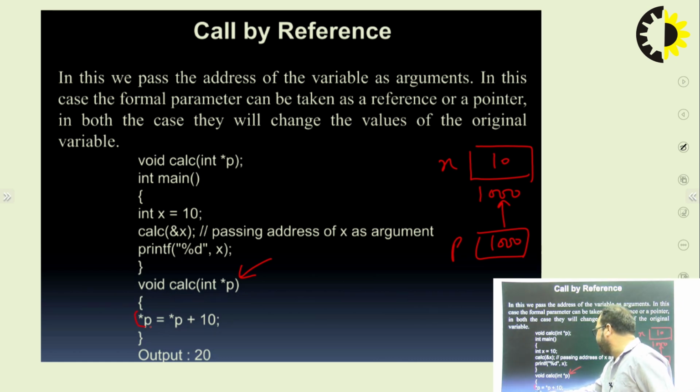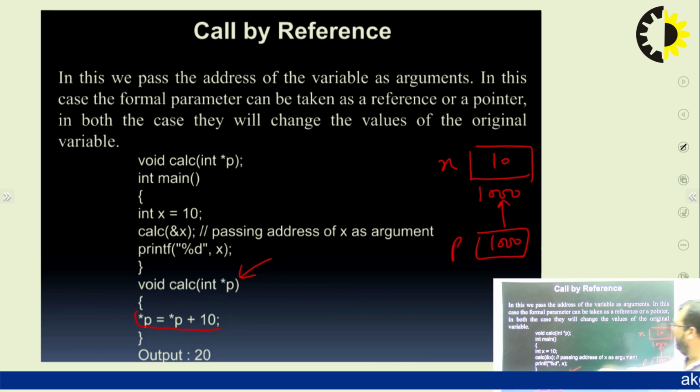The meaning of star P is the value at P. So what will be the value at P? The value at 1000, which is 10, plus 10 becomes 20. So the output becomes 20.